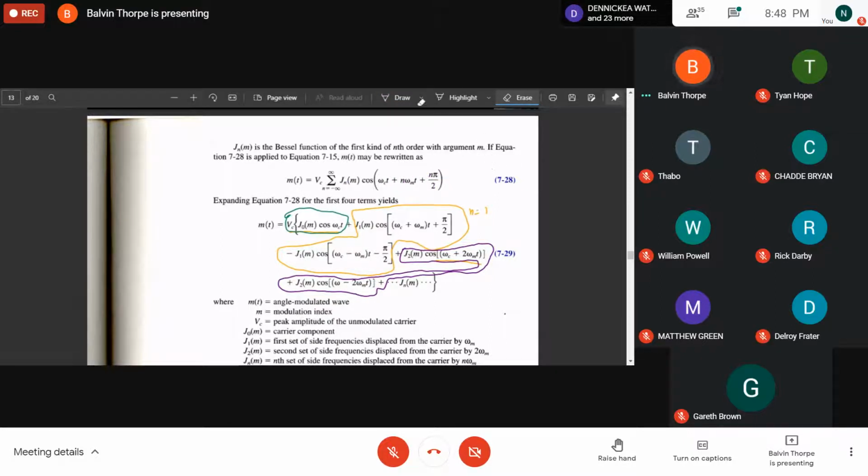You put n in the expression being 1. So that makes it omega ct plus omega mt, because this is 1, plus pi over 2.